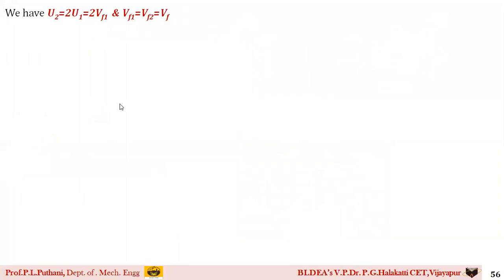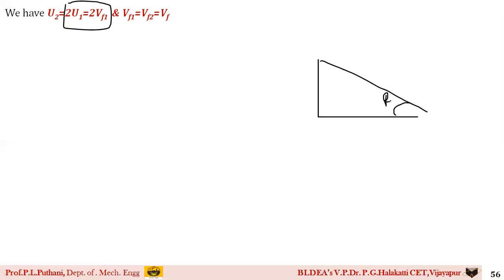These are the assumptions which we have made: U2 is equal to 2U1 is equal to 2Vf1, and another thing is the flow velocity is constant throughout, that is Vf1 is equal to Vf2 is equal to Vf. How is the condition U2 equal to 2Vf1 satisfied? In the inlet velocity triangle we have said that our angle beta 1 is equal to 45 degrees.